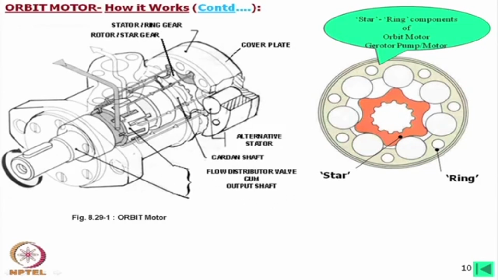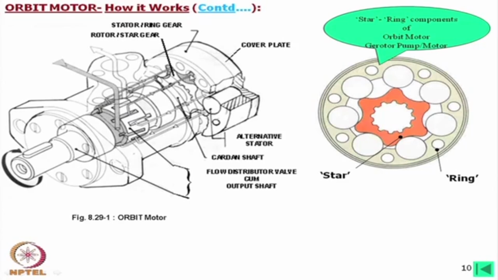I shall describe the valve function a little later, but at this moment just look at this. The oil is coming through the outer body to this pocket, then there are a few slots on this valve, and through this slot it is going inside the chamber.